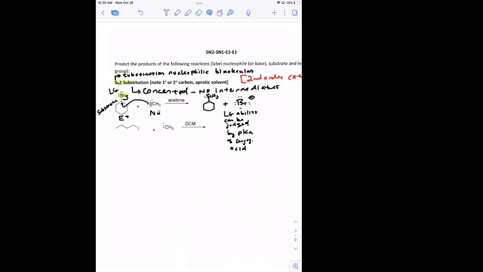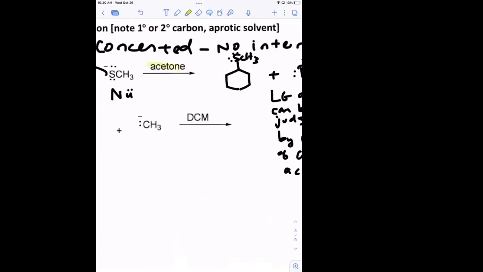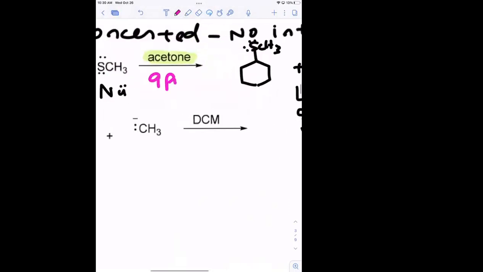And then the solvent. Let's talk about the solvent. The solvent here is acetone. Acetone is what we would consider aprotic. What aprotic basically means in a nutshell is that it's non-acidic. It cannot give up H plus.